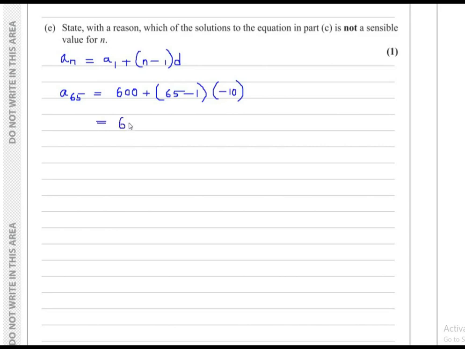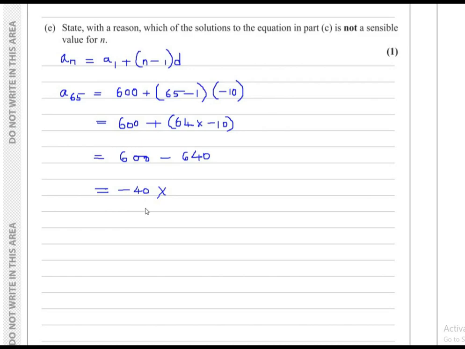After solving this, we get 600 plus 64 times negative 10. So we get it as 600 minus 640. So we get it as negative 40. So we cannot say that in the 65th month she has saved minus 40 pounds. That is not a proper solution because we are getting the answer in negative.